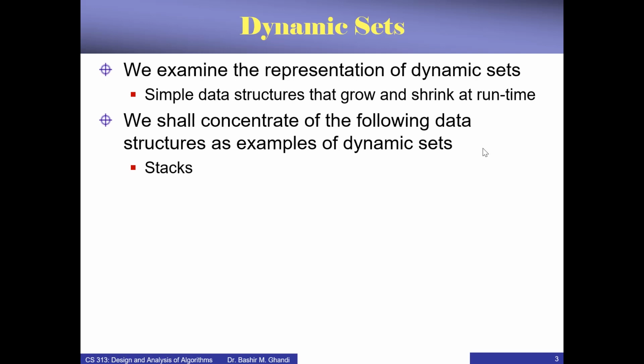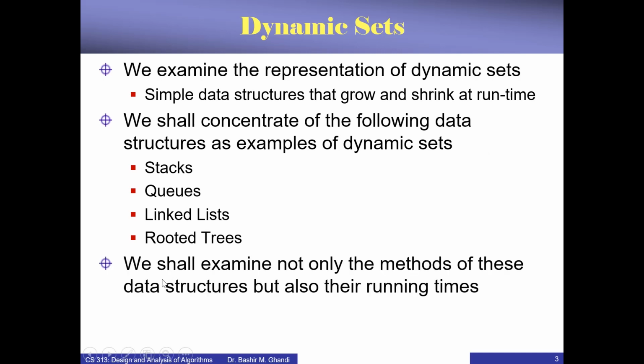Namely, as I said in the outline, we shall look at stacks, queues, linked lists, and then rooted trees. And as I emphasized there, we shall examine not only the methods of these data structures, but also their running times. This is actually our main focus.